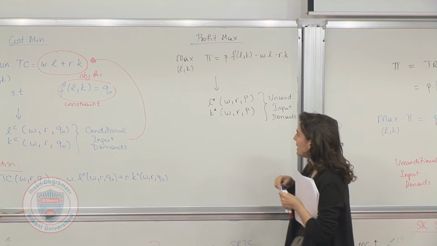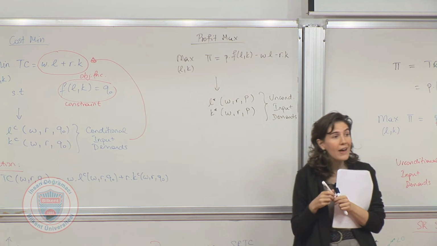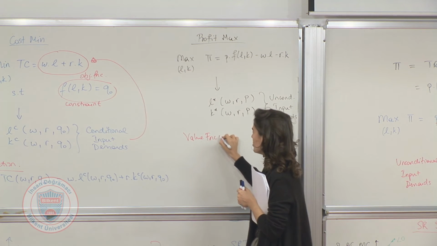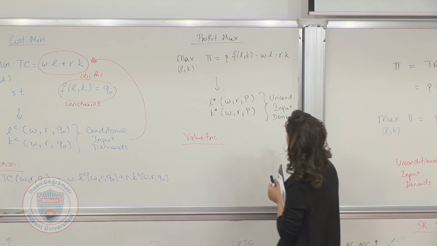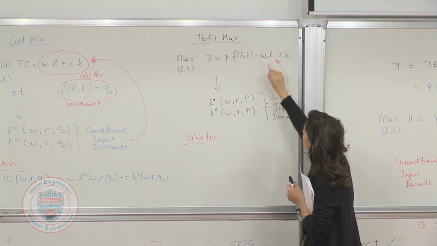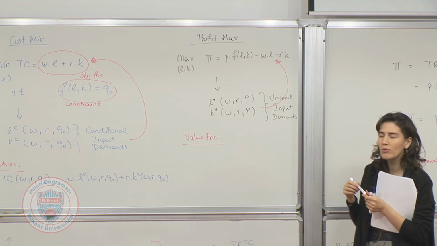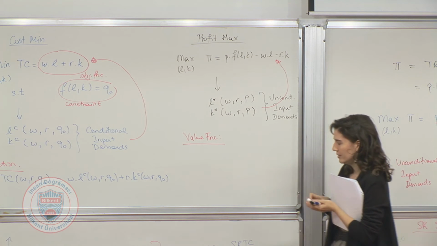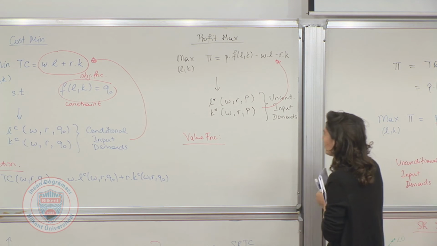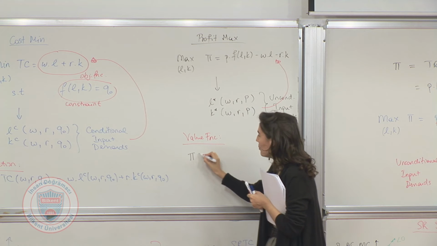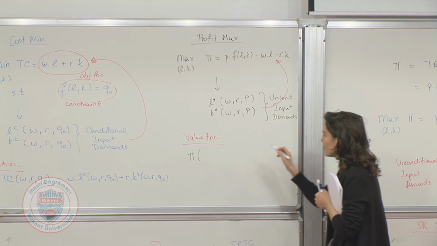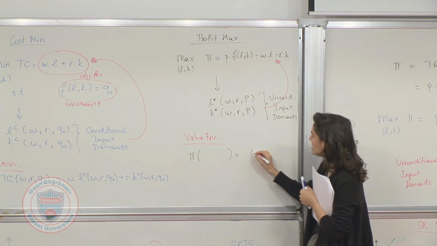Now what is the value function here? This is new to us. The value function is when you put these guys back into your objective function. We're going to call it a profit function, which is going to be a function of what? You guys tell me.